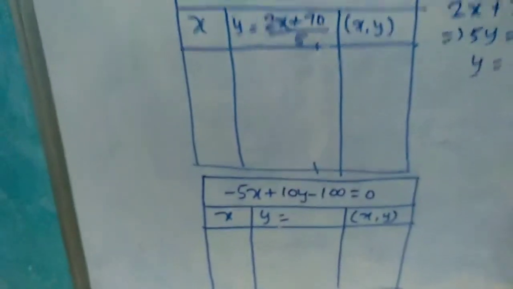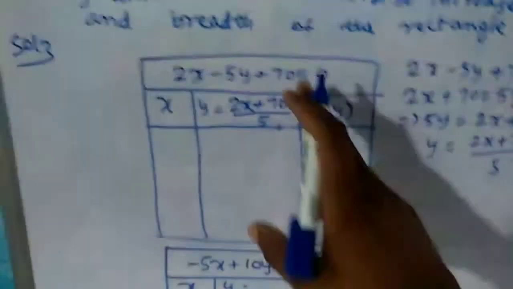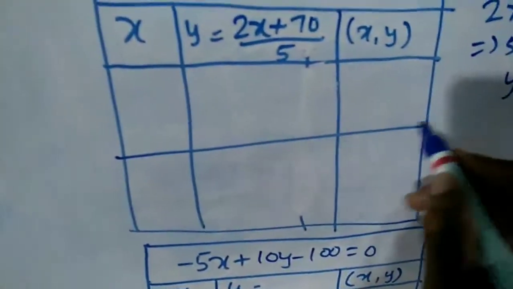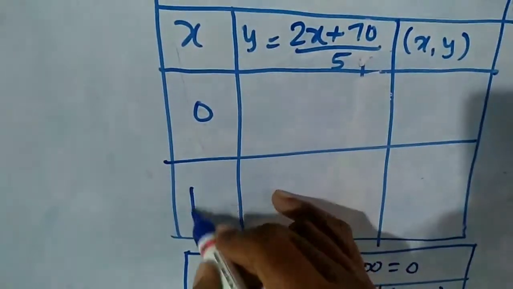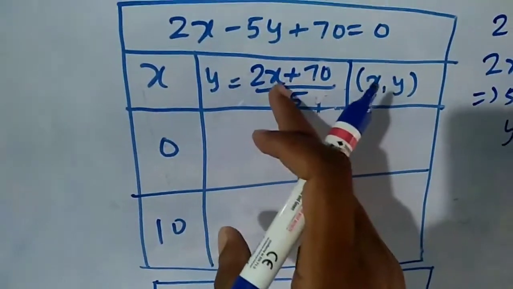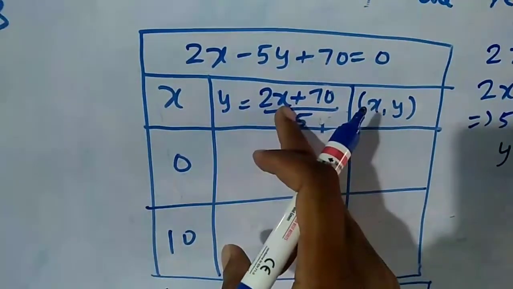Okay. For our easy calculation purpose, see here constants are here, it is 70, it is 100. So take 0 and 10. By taking 0, substitute in place of x 0.